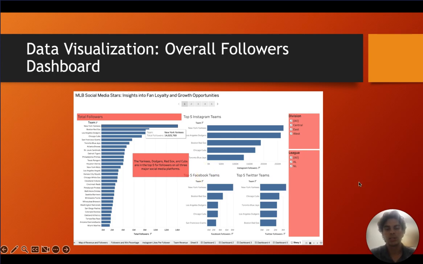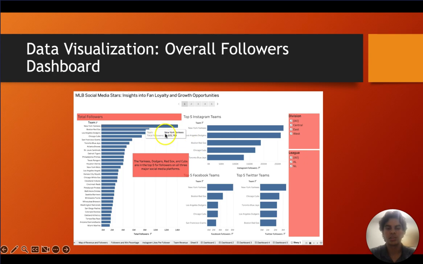And it's Instagram, Facebook, and Twitter. And as you can see, the annotation says the Yankees, Dodgers, Red Sox, and Cubs are all in the top 5 for followers on all 3 major social media platforms. And that's a big insight because you can see they're the 4 highest total followers, and they are all in the top 5 of those categories.